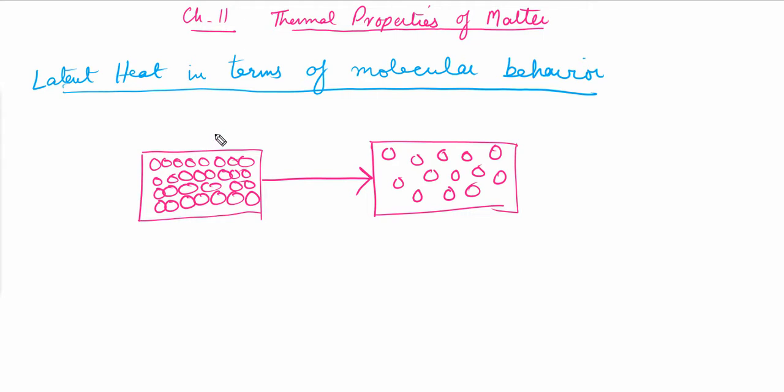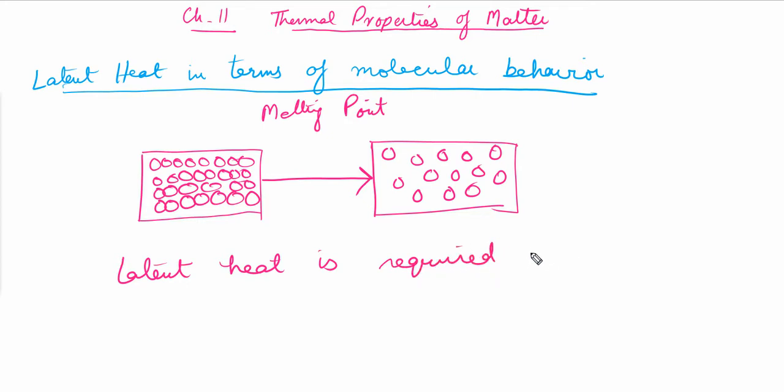So this process happens at the melting point. At the melting point, the solid converts into liquid, and the latent heat that the solid is absorbing is required to break the bonds between the molecules of solid.